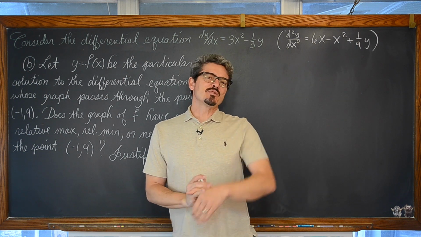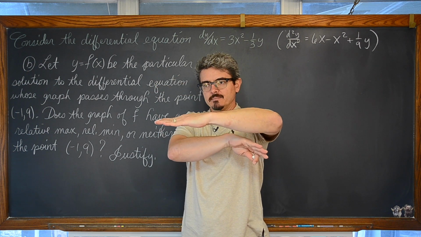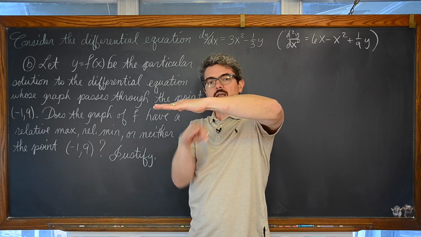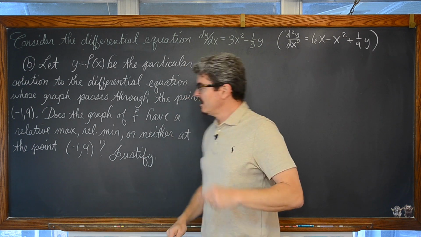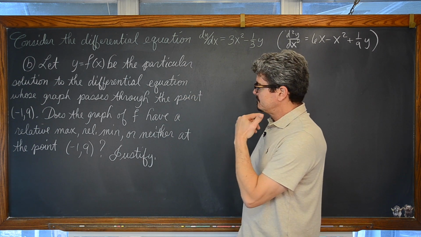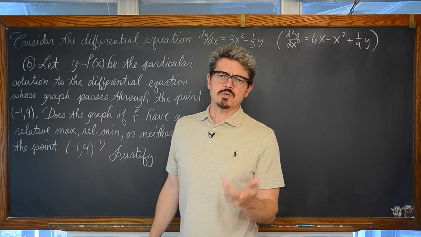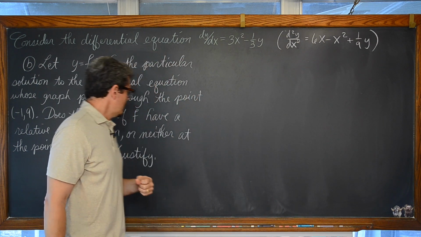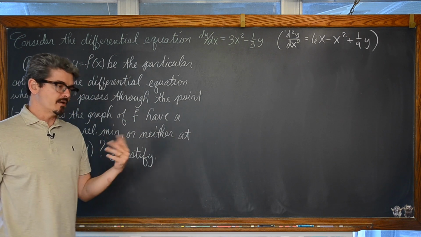And if the first derivative is equal to 0 and the second derivative is less than 0, indicating that the function is concave down, then at that point you have a relative maximum. The neither part: if the first derivative isn't equal to 0 or undefined, then there's no possibility of you having a relative extremum of any kind.